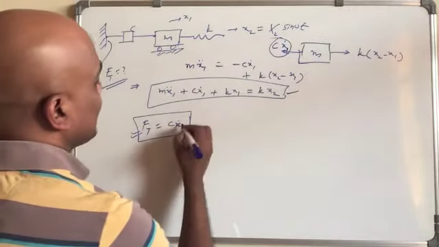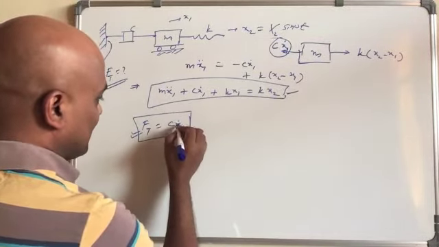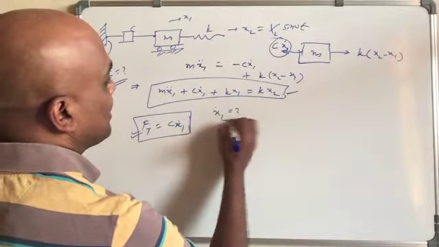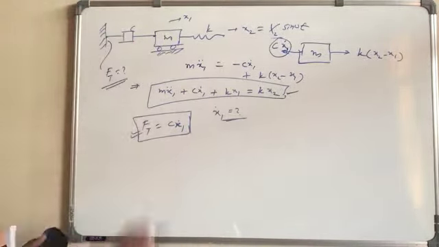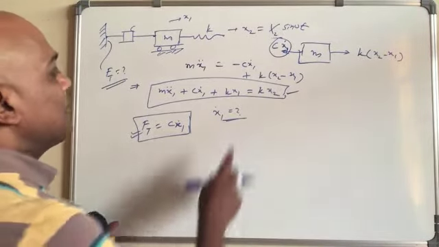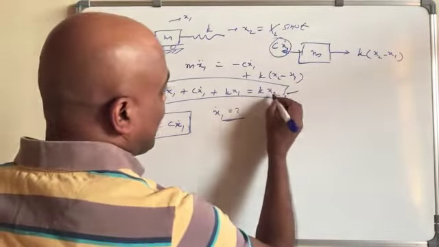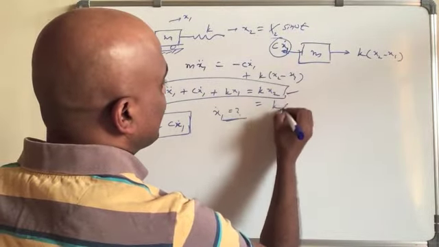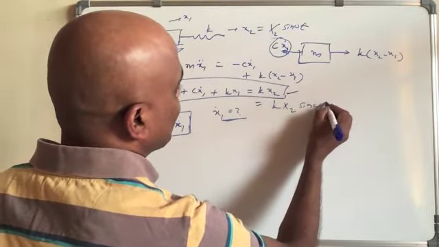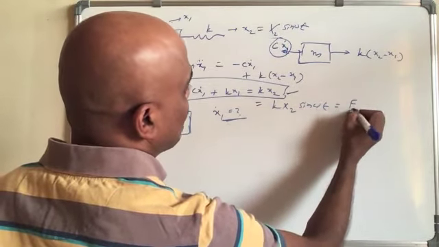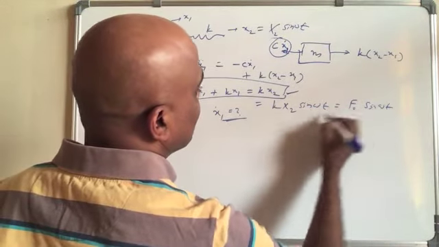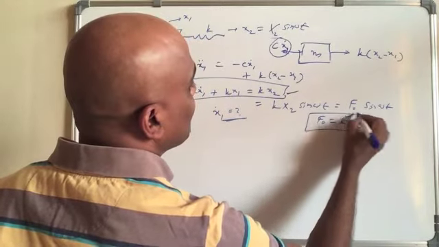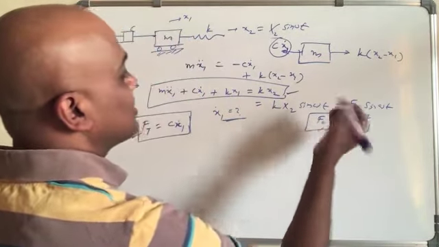Now the only thing is, c x1 dot equals what? That's the main thing you have to find out. x2 is given, so the right side is equal to k x2 sine omega t, and you can say it equals F naught sine omega t, where F naught equals k x2. k is known and x2 is also known, so you get the force from there.